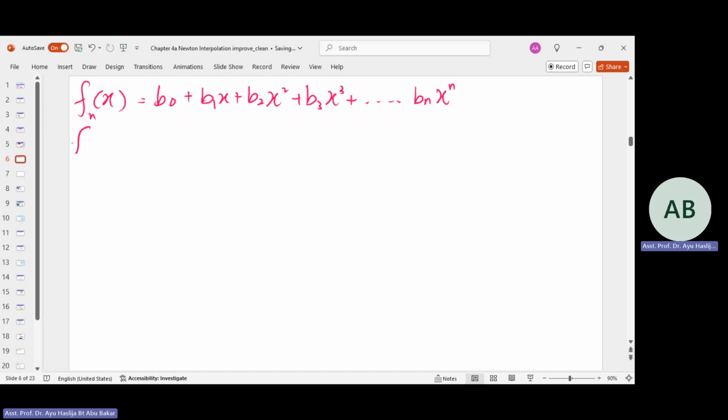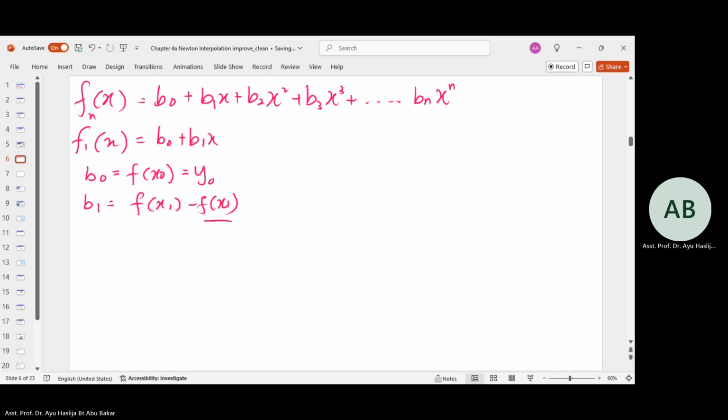For f1(x), n equals 1, it requires up to b0 plus b1x. b0 is your f(x0) or y0. b1 is your slope, which is f(x1) minus f(x0) over x1 minus x0. That one is n equals 1.